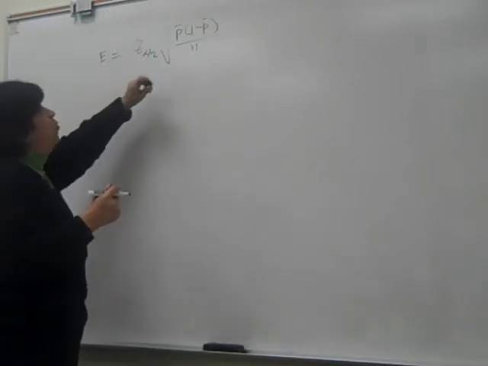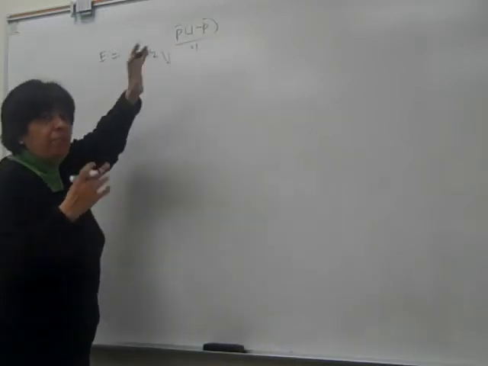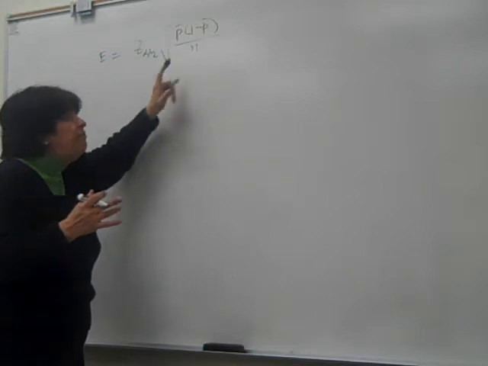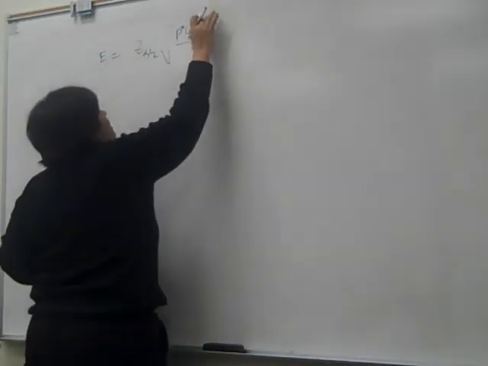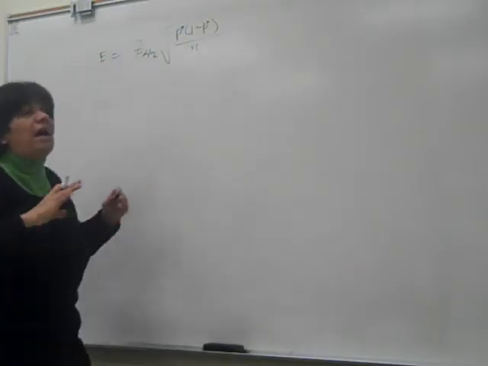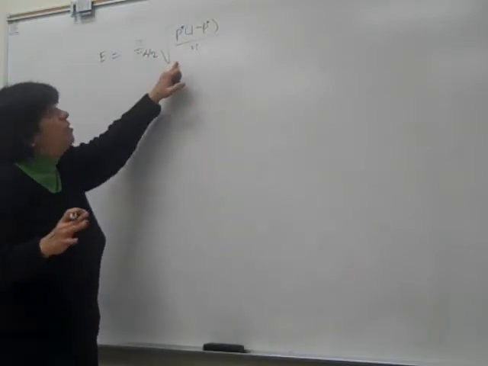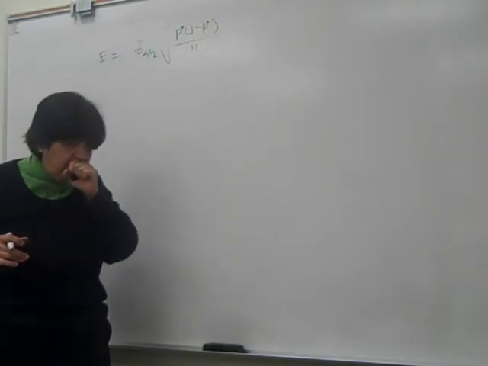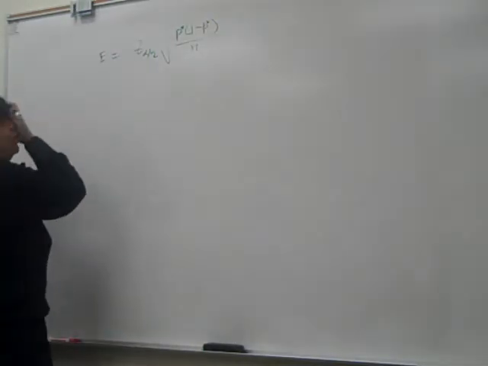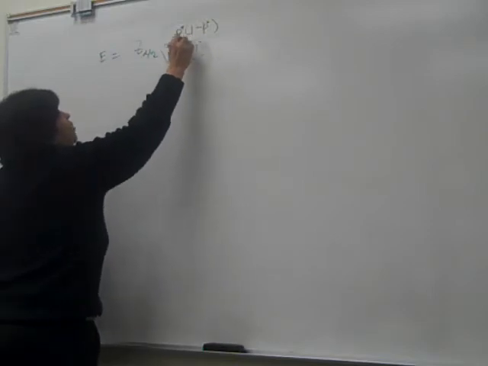Since what we want to estimate is the p bar, we cannot use p bar in the formula. What we use is a p star. It's an estimate, or if we don't have anything at all, we are going to use p star equal to 0.5. Anyways, what is n? This is what I'm looking for.